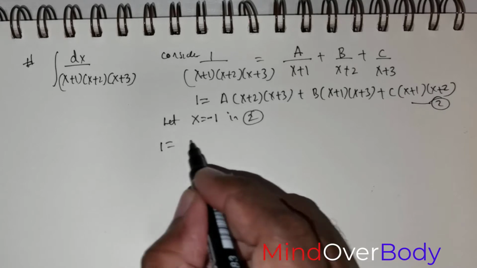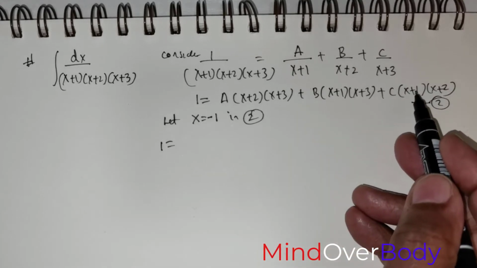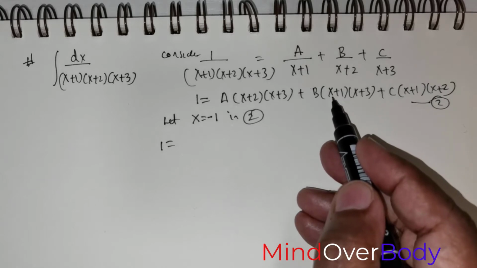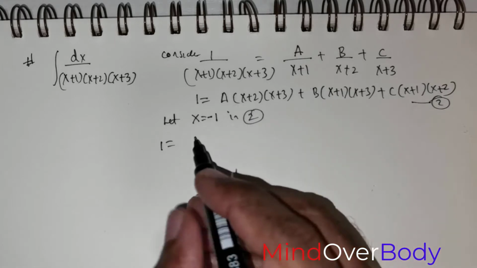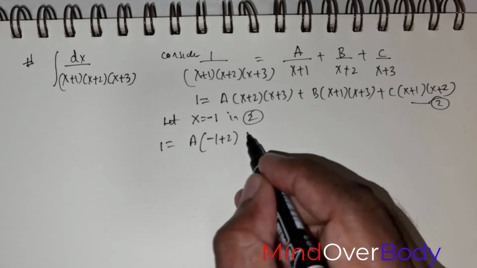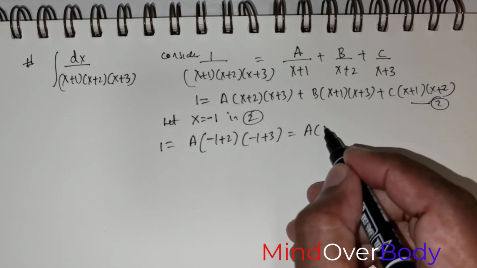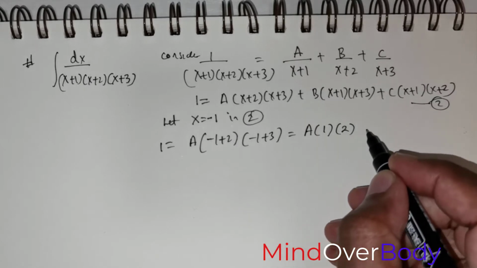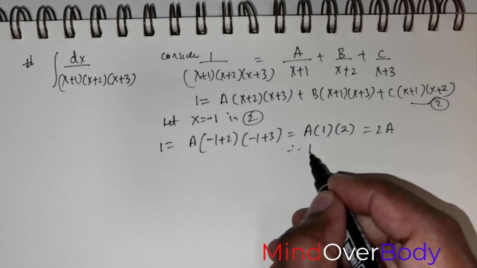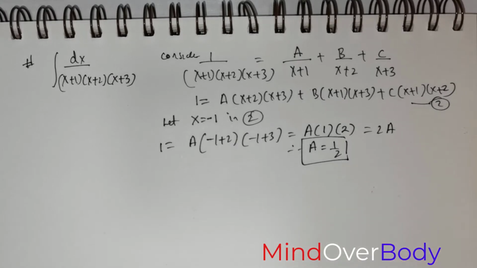If we do it, this would clearly vanish because of the presence of x+1, and this would vanish because of the presence of x+1. This alone will stay. So this is A times (negative 1 plus 2) times (negative 1 plus 3). I can rewrite this as A times 1 times 2, which is nothing but 2A. Therefore A is 1 over 2. So that's a good value for us.